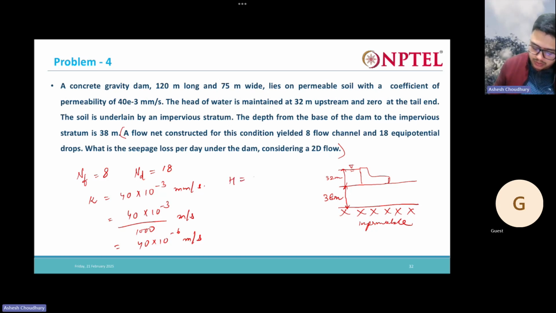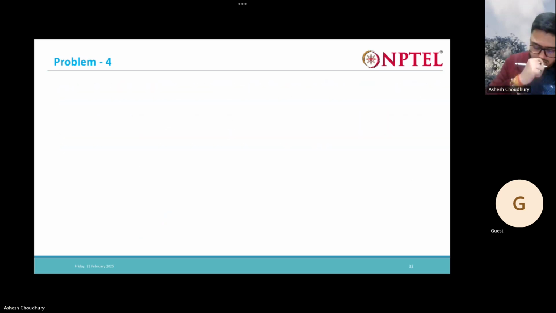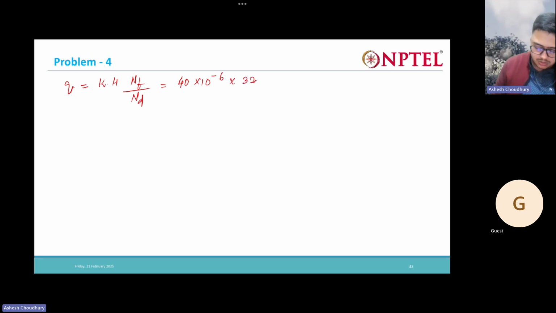Total head is 32 meters. Now, what is Q? Q equals K H times the number of flow channels by the number of equipotential drops: 40 into 10 to the power minus 6 times 32 times 8 by 18.